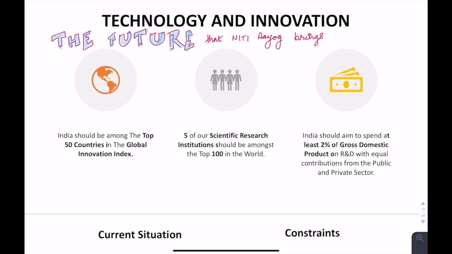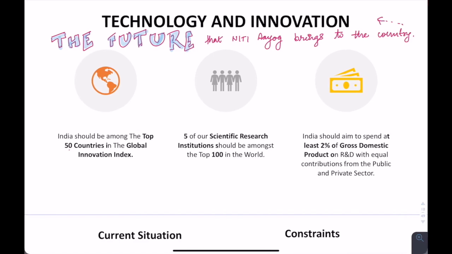What, according to NITI Aayog, should the future with respect to technology and innovation look like? First of all, India should be among the top 50 countries in the Global Innovation Index. Second, 5 of our scientific research organizations should be amongst the top 100 in the world in the next 5 years. And third, India should aim to spend at least 2% of GDP on R&D.